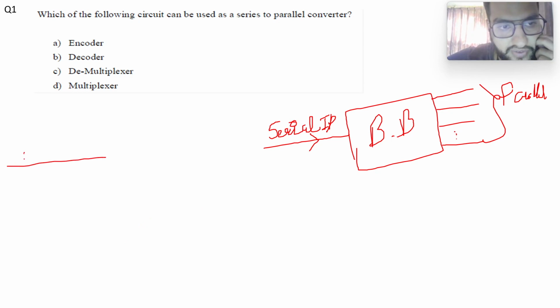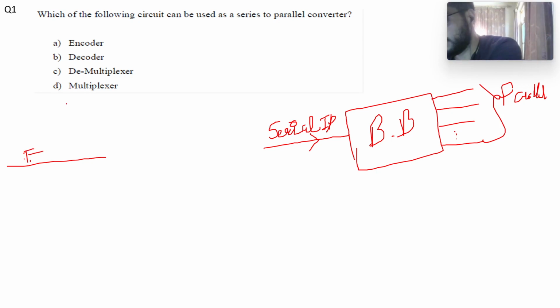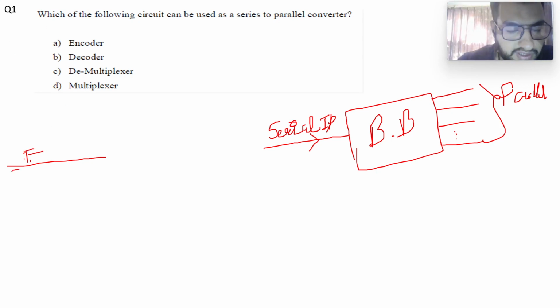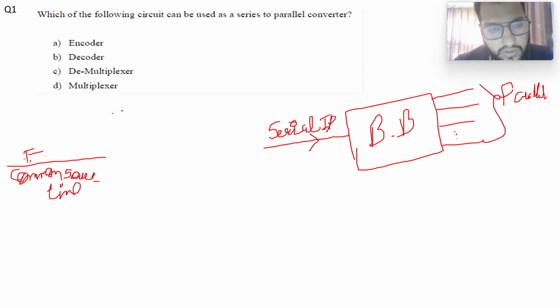We have a function f which is connected to a common source line. We have a common source line here, or you can call it a common input line. What it essentially does, we have something like this.